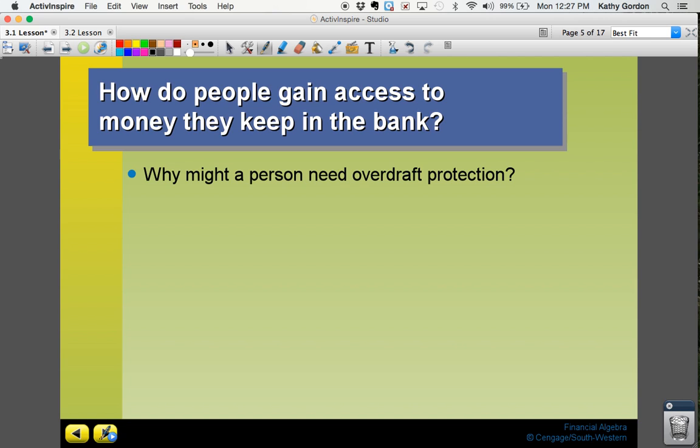If you are someone who's not very careful, then it may be worth the money you have to spend for this protection. It's kind of like insurance that you would just pay as a fee every month so that any time you did overdraw your account, the bank would cover it and then you would just have to replenish those funds.